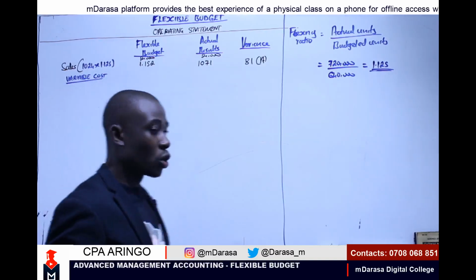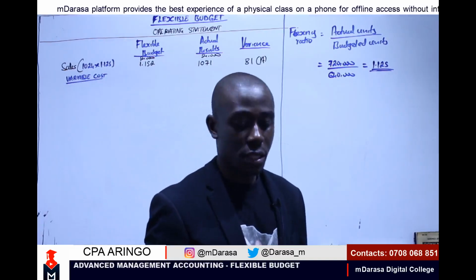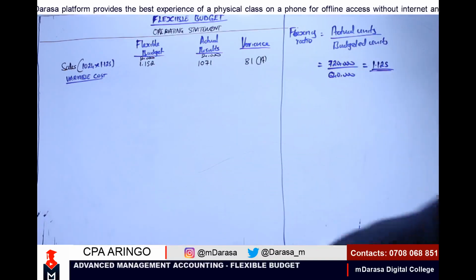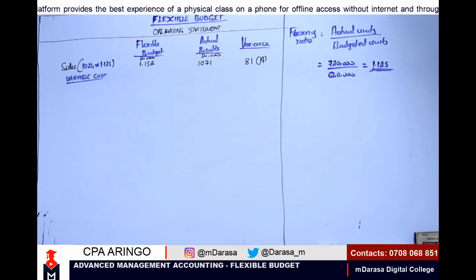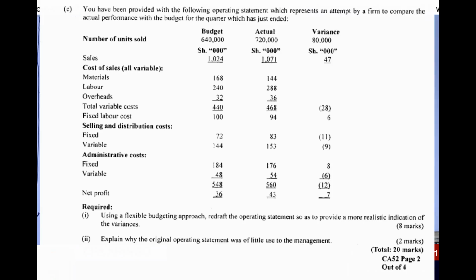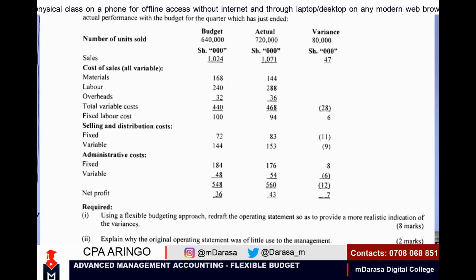Looking at our variable cost, the same case, I want us to identify the variable cost that I was given. Look at our question. Identify all the variable costs given with the actual data that we have, with the actual budget that I was given.